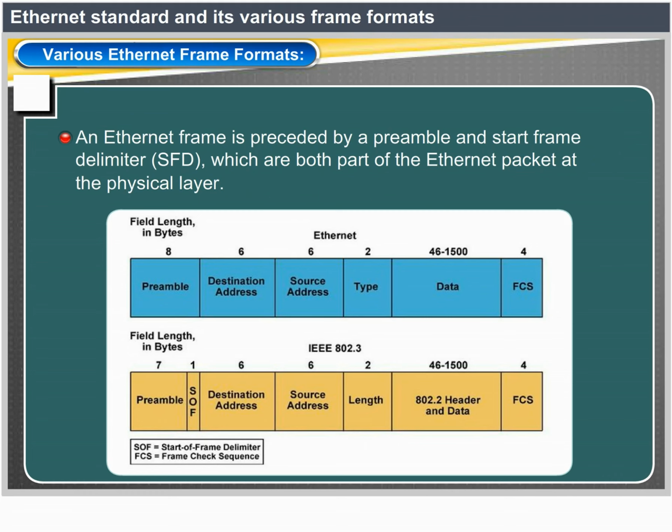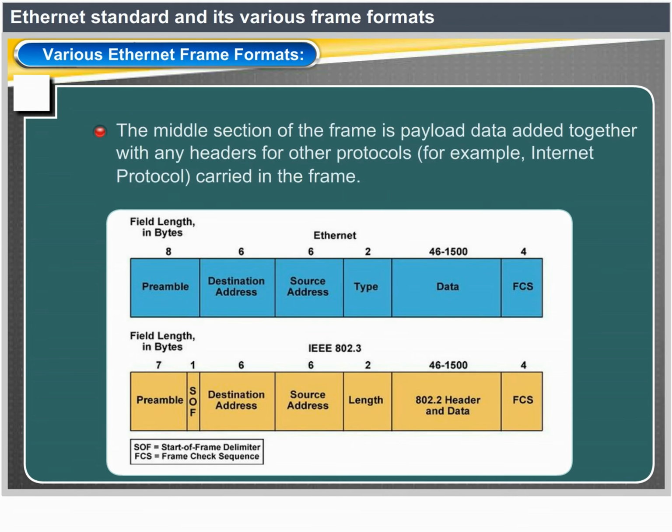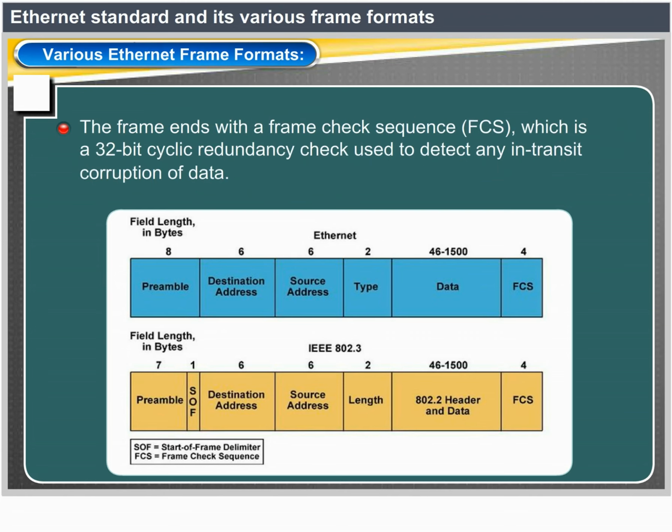Each Ethernet frame starts with the Ethernet header, which contains destination and source MAC addresses as its first two fields. The middle section of the frame is payload data, including any headers for other protocols, for example Internet Protocol, carried in the frame. The frame ends with a frame check sequence, or FCS, which is a 32-bit cyclic redundancy check used to detect any in-transit corruption of data.